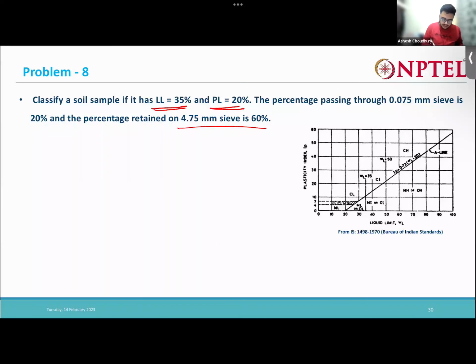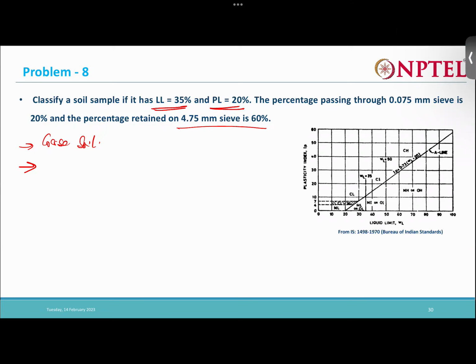Correct. So first we said that our soil is coarse soil. Now what kind of coarse soil, sand or gravel? Gravel, sir. Why gravel? The grain size is about 2 mm. No, it is gravel because more than 50% of the soil quantity is greater than 4.75 mm.